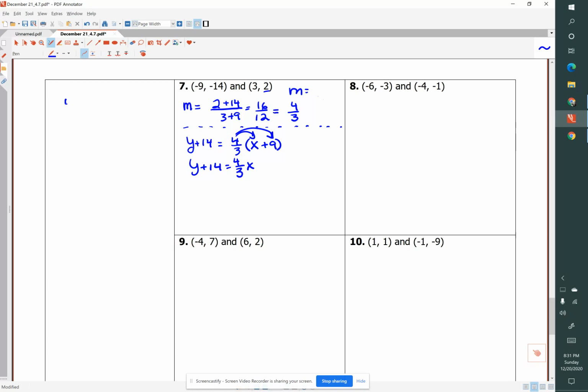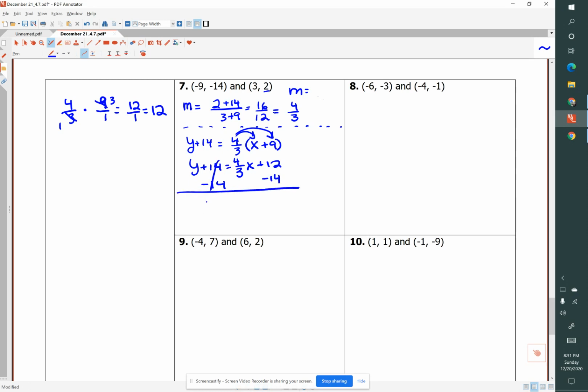Okay, 4/3 of 9 is 12. Okay, let's work it over here for you. Times 9 over 1. You can simplify. 4 times 3 is 12 over 1, which equals 12. So 4/3 x plus 12. The next step will be to subtract 14 from each side.